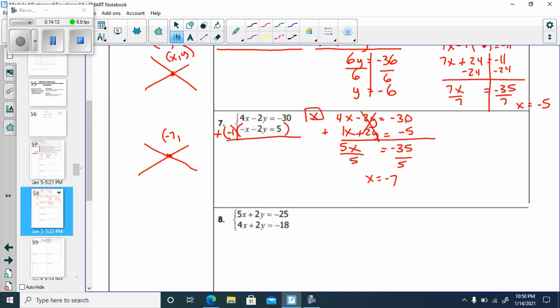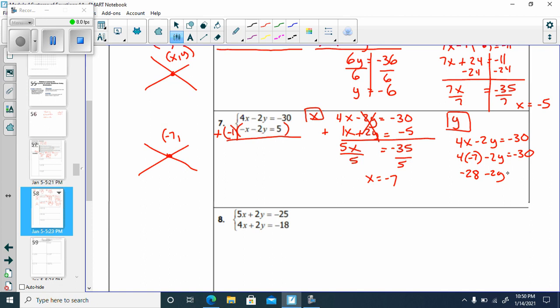Now let's find our y. To find our y, we simply substitute it into one of these equations. Doesn't matter which one. We got 4x minus 2y equals negative 30. Our x is negative 7. 4 times negative 7 minus 2y equals negative 30. 4 times negative 7 is negative 28.